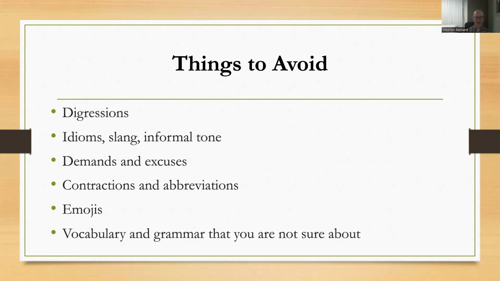You know, some people don't like abbreviations. Emojis, definitely don't include those. And if there's any vocabulary or grammar that you are not sure about, it is a very bad idea to include that.